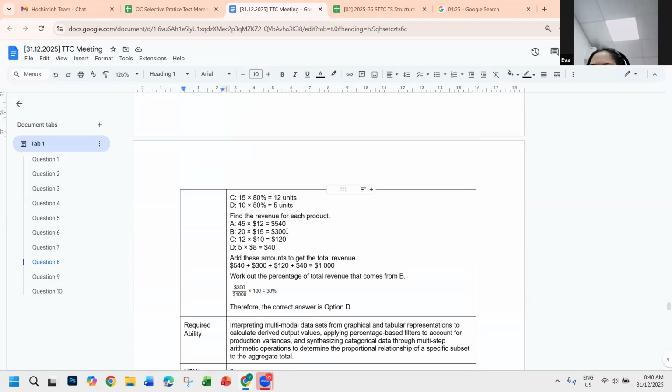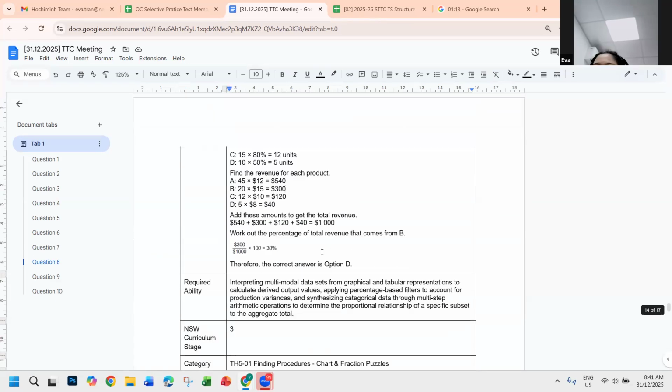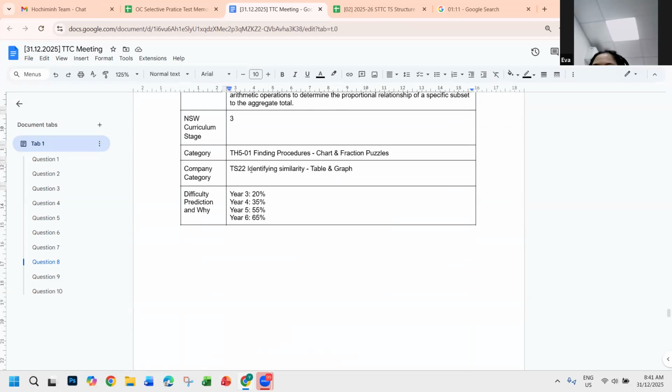The second product's revenue is 300 here, and we take 300 divided by 1,000. We have 30%. So the correct answer is option D. Common category ETS22: identify similarity in tables and graphs.